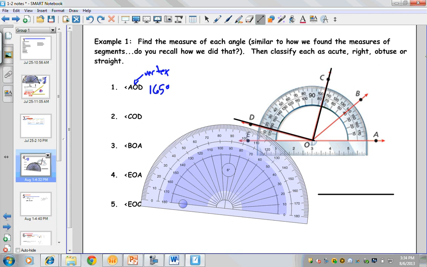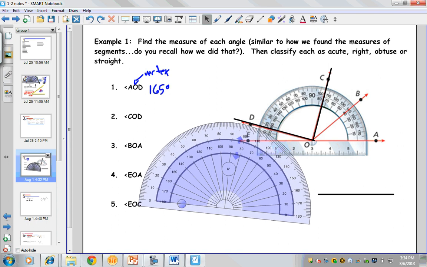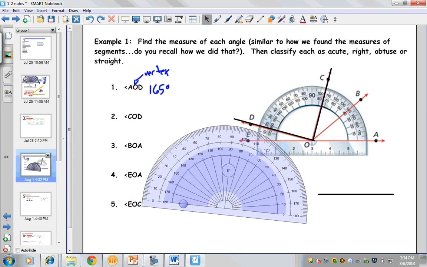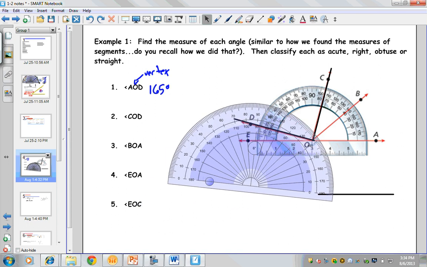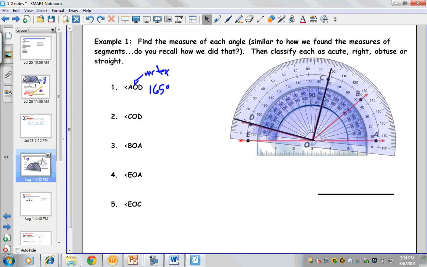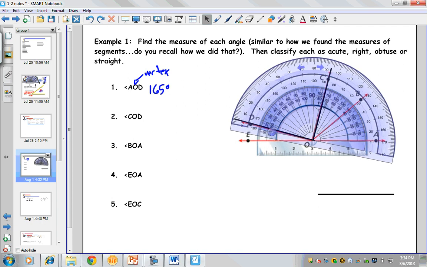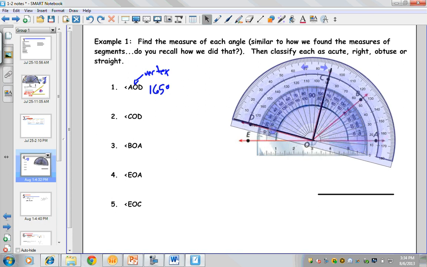Now, notice that our bottom angle is not lined up with the bottom line of our protractor. So we're going to take our protractor and see if we can do this without fail. We're going to move this. We're going to line this up exactly on our vertex, which we did. And then I'm going to take the protractor and rotate it until it's lined up perfectly, which it is.